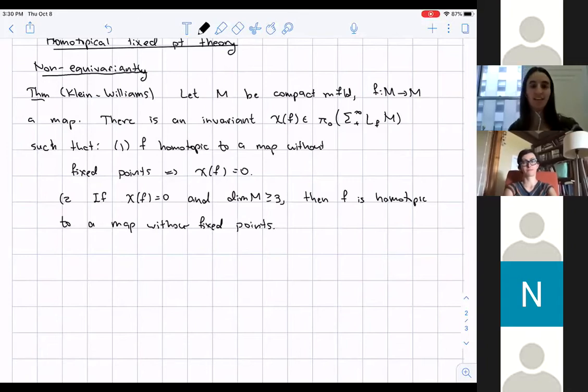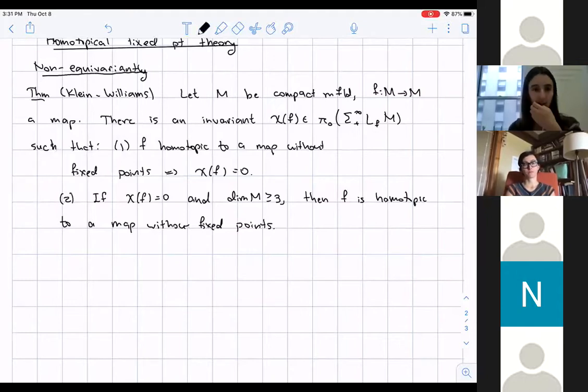All right. I'll pause for a few seconds in case there are questions up to this point. Does this imply that homotopy equivalent manifolds have the same interaction with fixed points for their functions? Yeah, I guess.